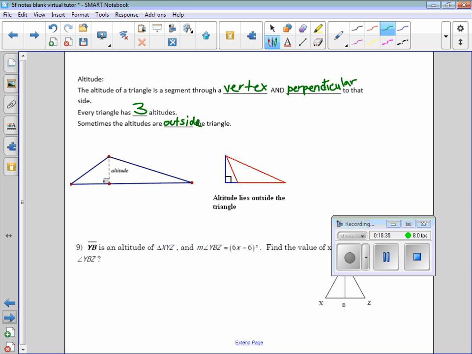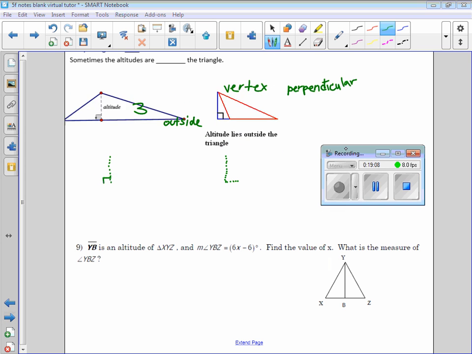So looking at our two pictures here, they're showing you altitude here on the first triangle, and altitude makes a 90-degree angle. But sometimes, like in the second triangle, your altitude falls on the outside. So that's an imaginary line that is representing the altitude of the red triangle. This altitude lays on the outside of the triangle, but it makes a 90-degree angle with the base.